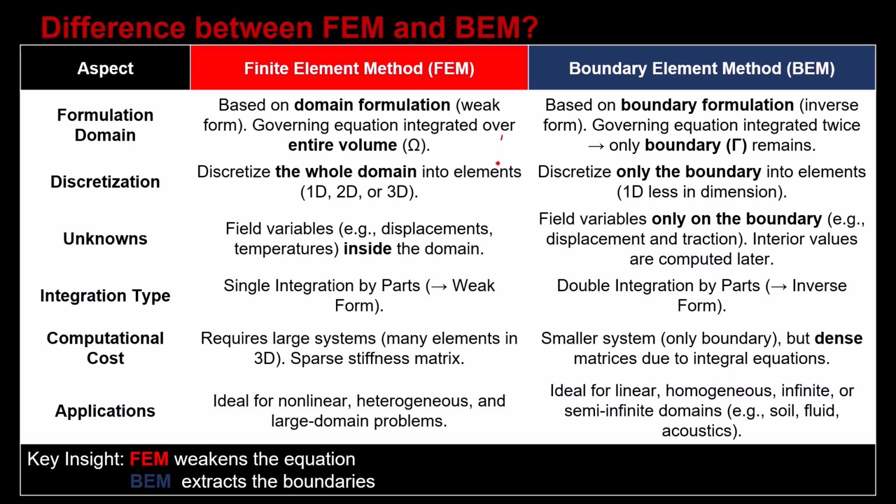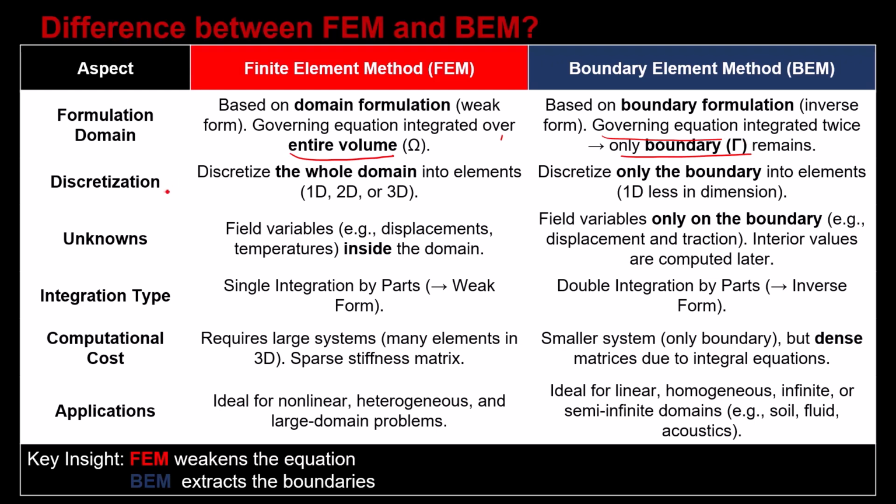I have summarized the differences between FEM and BEM in this slide. So considering the formulation domain, FEM is based on the domain formulation or weak form, but BEM is based on boundary formulation or inverse form. So in FEM, the governing equation is integrated over the entire domain omega, but in BEM, the governing equation is integrated twice and only on the boundary values.